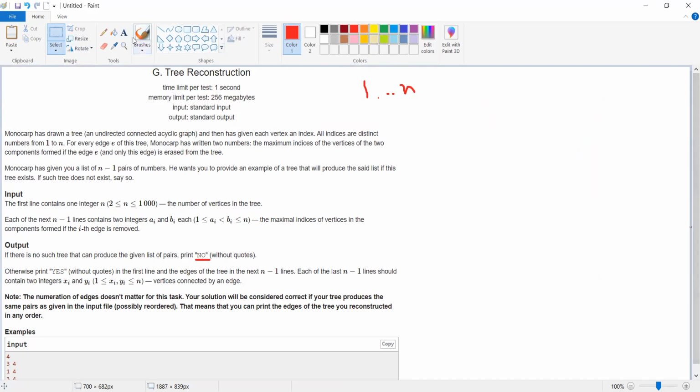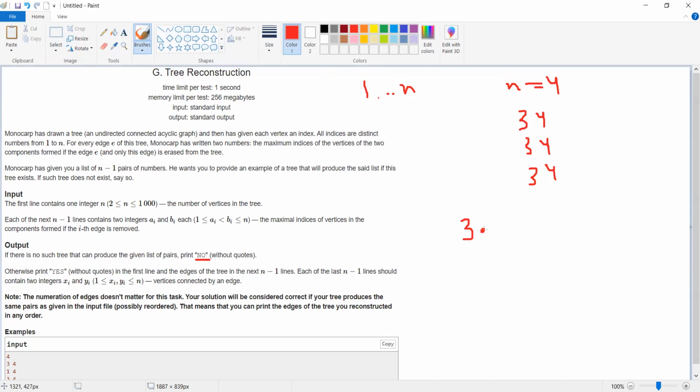So what do we do with these numbers? Well, for example, I can write n equal to 4, and I will write 3, 4, 3, 4, 3, 4. Is it possible to have such a tree? Yes, it is.